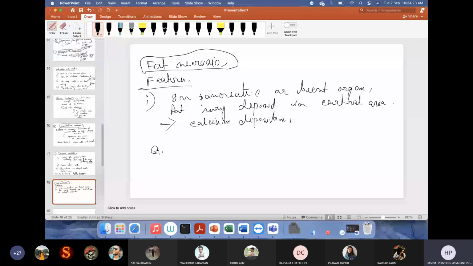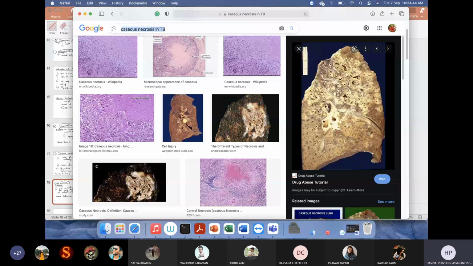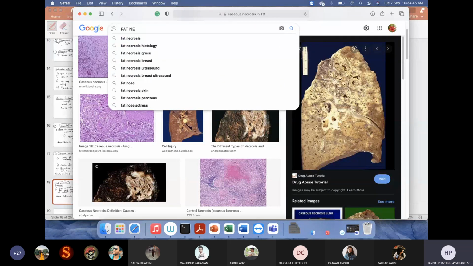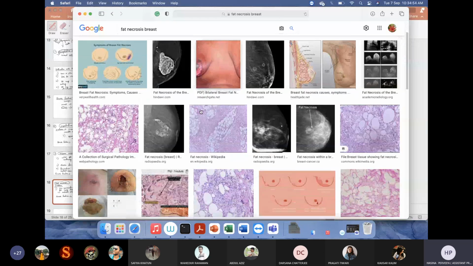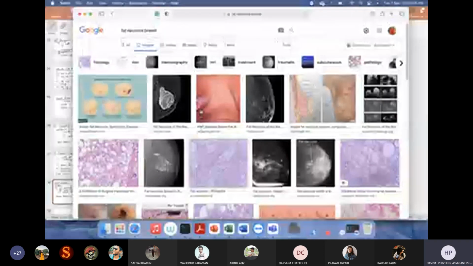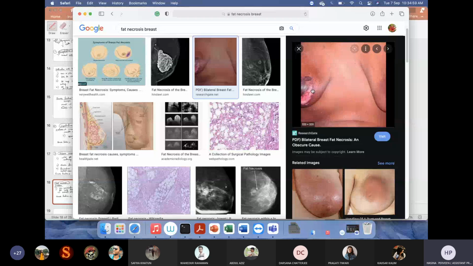Okay, and gross features are opaque and chalky. So fat necrosis, this type of condition.